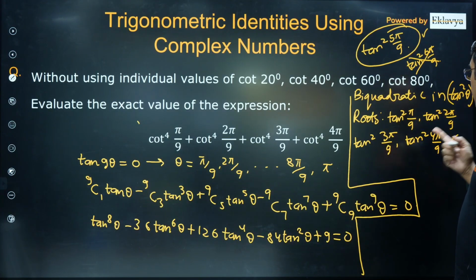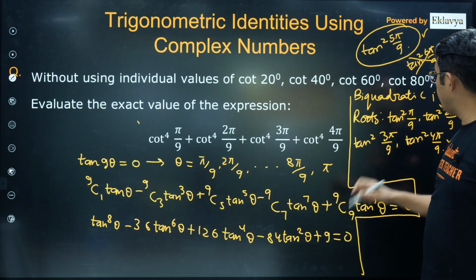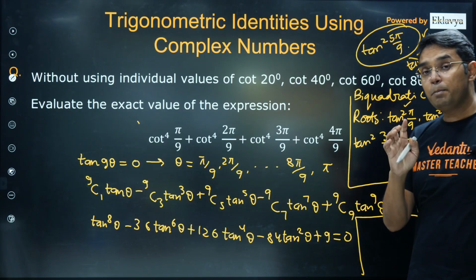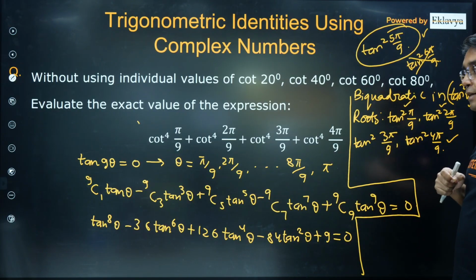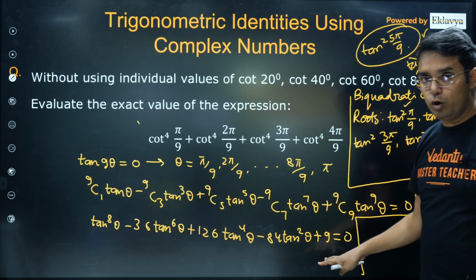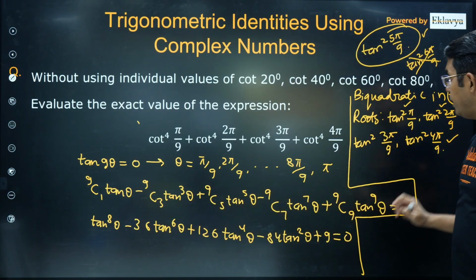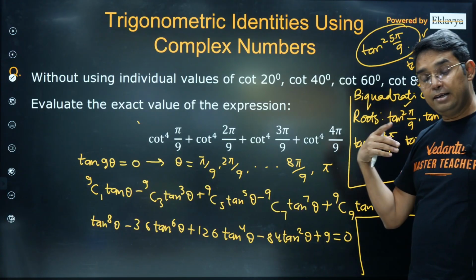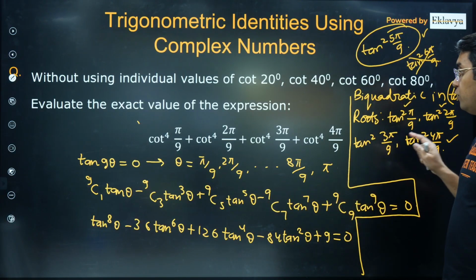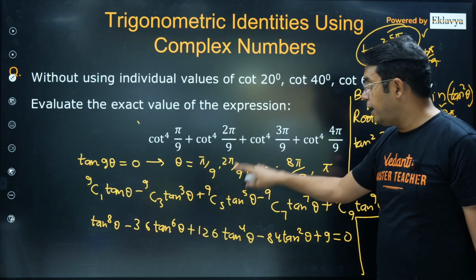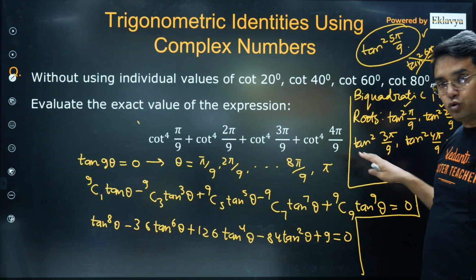And then tan square 7 pi by 9 is same as tan square 2 pi by 9, and then tan square 8 pi by 9 is same as tan square pi by 9. So what I am suggesting, if it is an 8-degree polynomial, if you consider that as a polynomial in tan theta, then you will be having 8 roots: tan pi by 9, tan 2 pi by 9, tan 3 pi by 9, and so on.